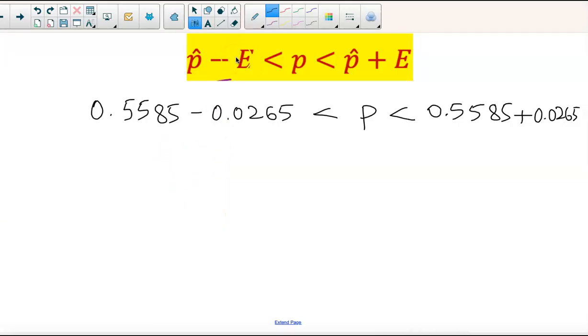So 0.532 is less than P, which is less than 0.585.